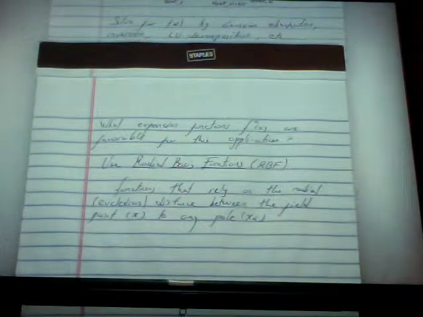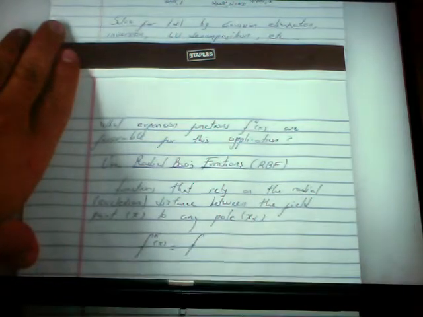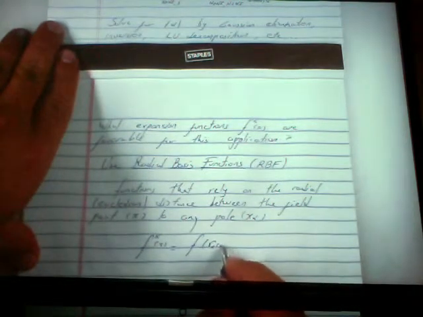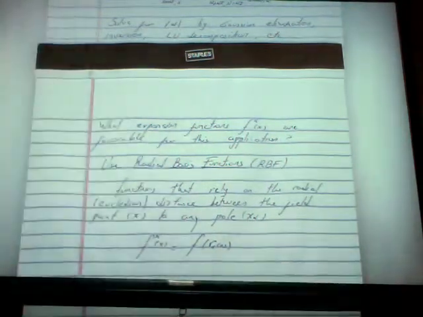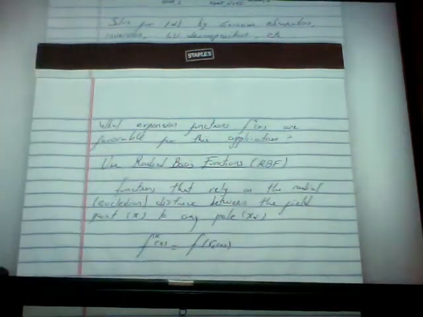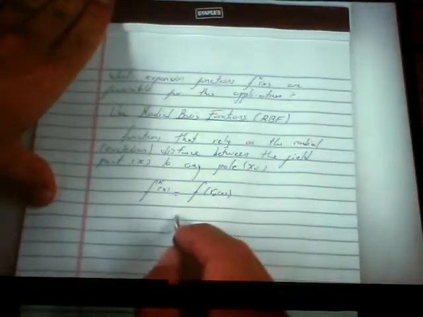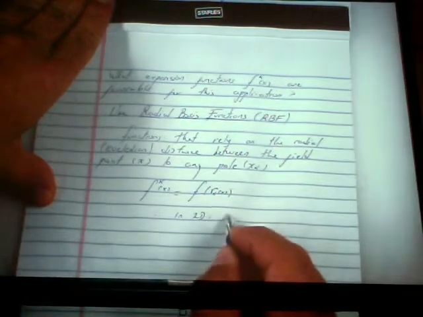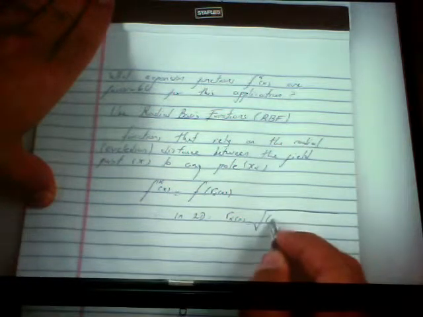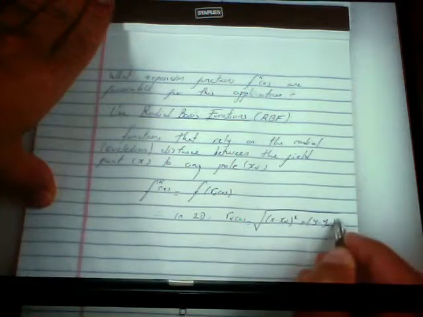So basically, a function fk of x would be a function that depends on the radius rk, or the radius from point x to point k, such that in 2D, our rk of x is equal to the square root of x minus xk squared plus y minus yk squared.